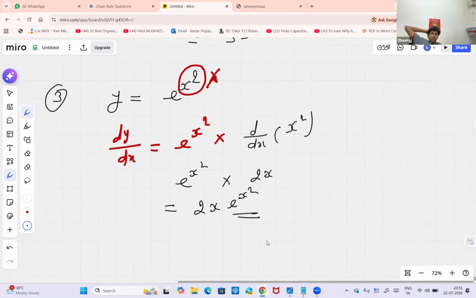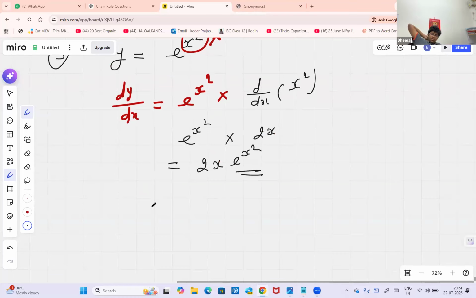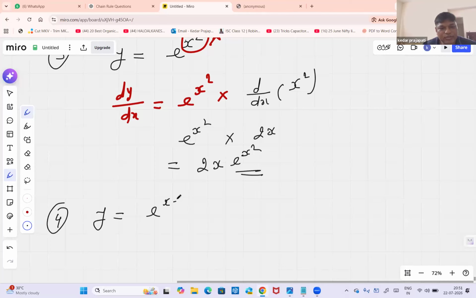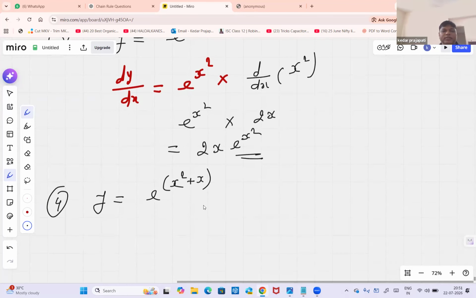Any doubt? No, sir. Now fourth. How will we solve now? e to the power x square plus x. Is the question visible? Yes, sir. Now the question is changing. Can we solve together?